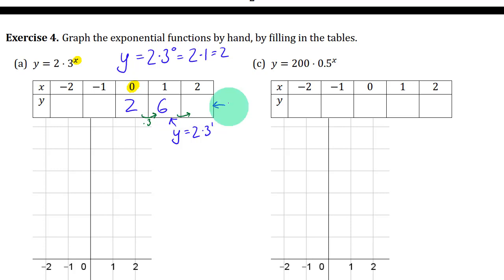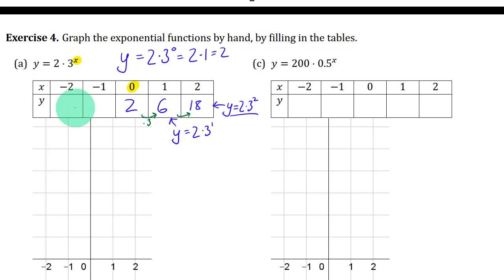So if you multiply this by 3, you'll just do 6 times 3 is 18. You could also get that by plugging in 2 into the formula and do 2 times 3 squared. 18? Did I say 18? I wrote down 16. Anyways, 2 times 9, if you do it this way, gives you 18 as well.